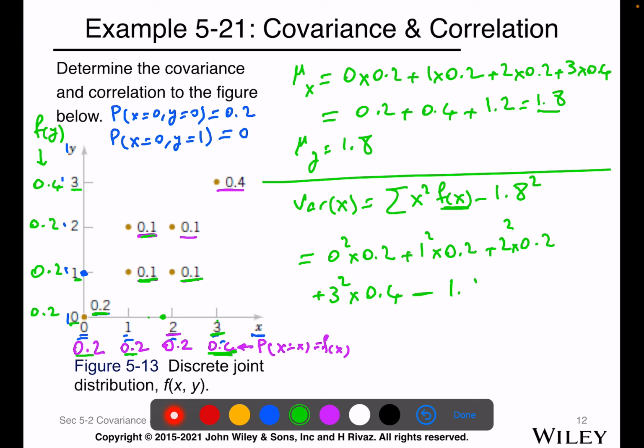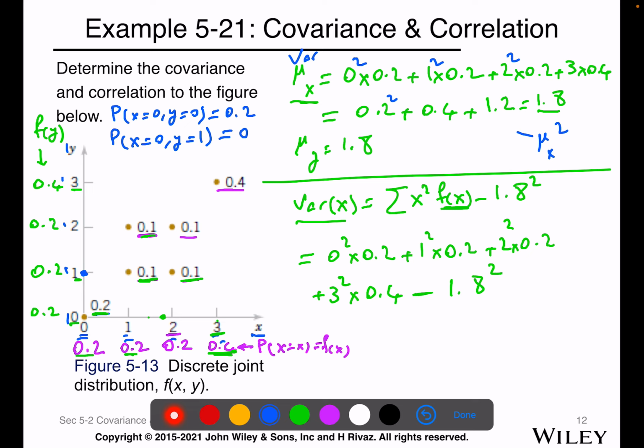Minus 1.8 to the power 2. Right? So variance is computed quite similarly to the mean. The only difference is that all of these x's have a power of 2, right? So what I wrote in blue is for variance. And then at the end, you have to subtract mean of x to the power 2.